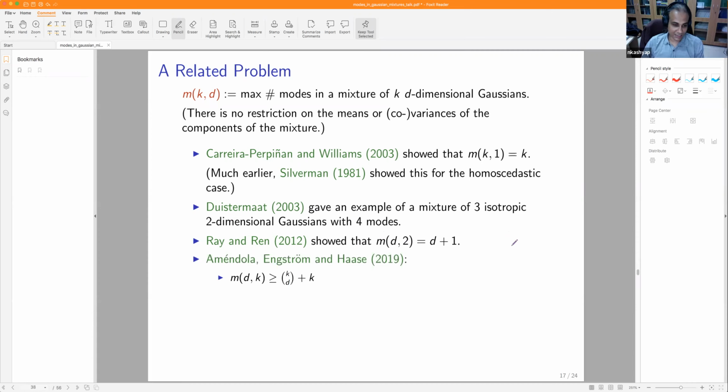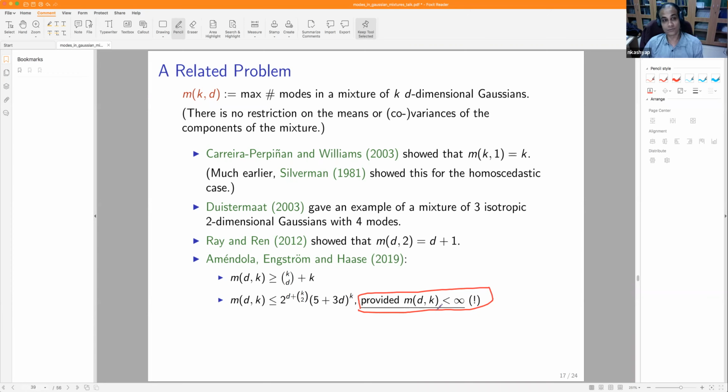Again, in general, there are lower bounds one can find. There are constructions in this paper of Amendola et al. But actually, the most surprising aspect of this is that there are essentially no upper bounds. This is the big thing. We don't even know that this number is finite.